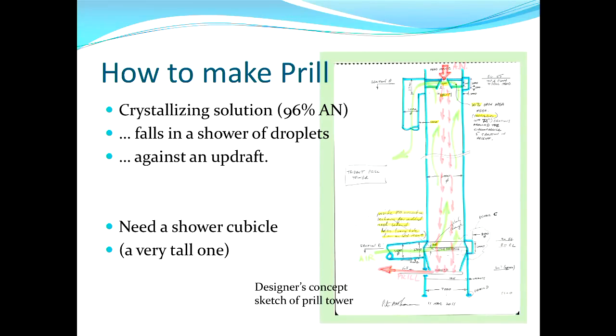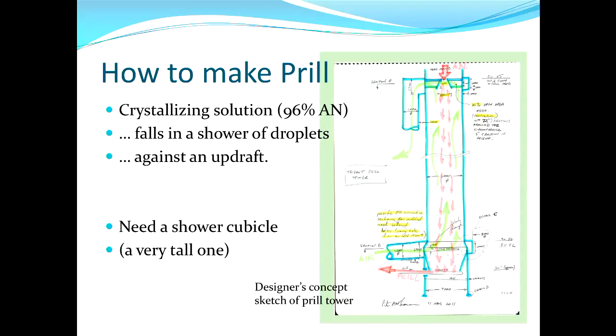So essentially what you have to do is create a shower of hot ammonium nitrate solution droplets. And to do that, you have to pop it in a shower cubicle with a rose at the top, you know, a container with holes in it that the solution falls out of, and you'll all be very familiar with that.